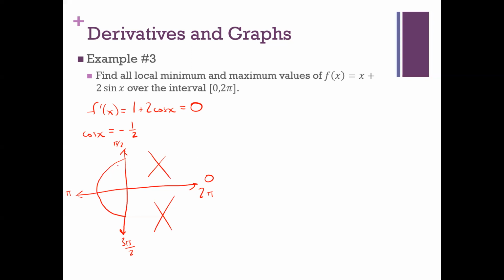So let's go a little deeper. I know the cosine of this angle is -1/2. So I'm looking at the unit circle. So I want the hypotenuse to be 1. And I want the x value to be -1/2. What does that mean the y value is? Positive or negative? Positive.